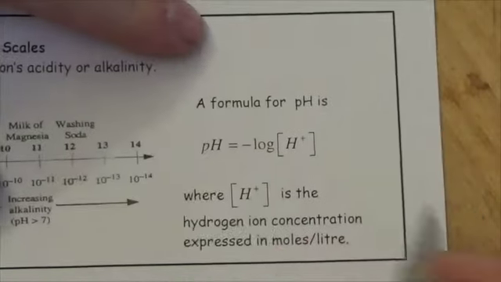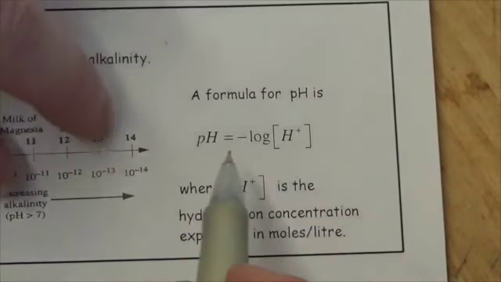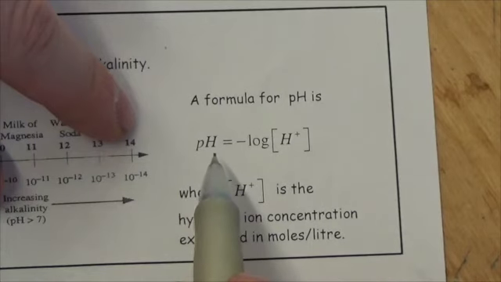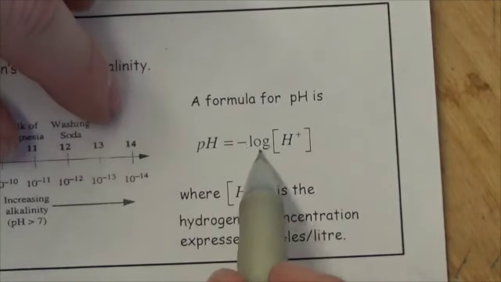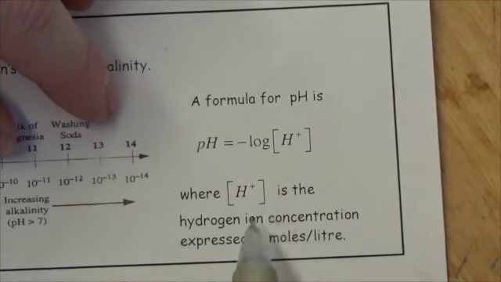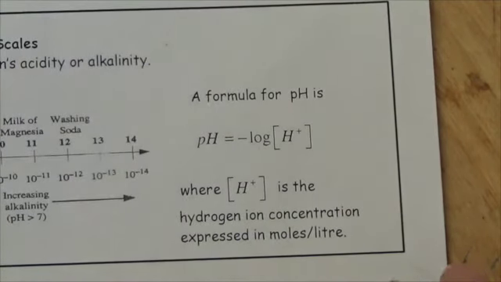There is a beautiful little formula for calculating the pH using just the hydrogen ion concentration, and that is the pH of the solution is going to equal the negative log, common log, notice, of H+, where that's the hydrogen ion concentration. Now, I'm going to do something here to help this make sense.